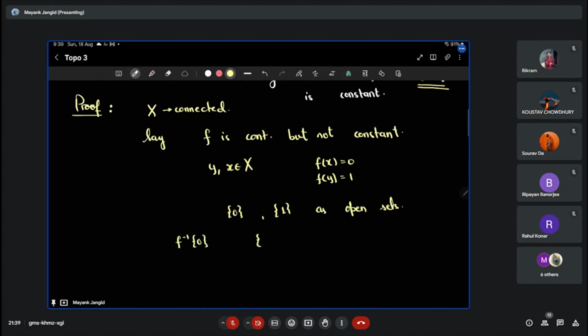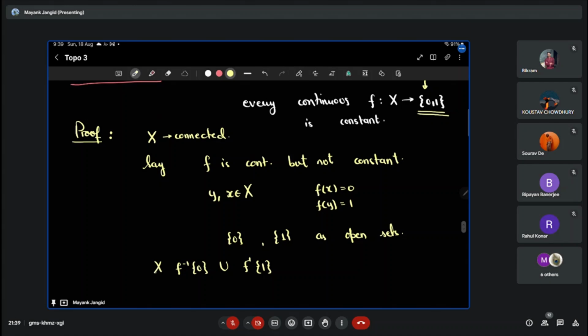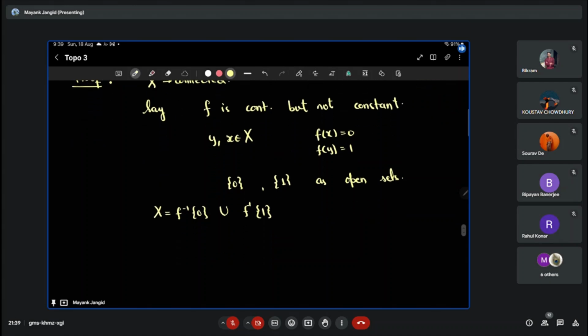F inverse of 0 and F inverse of 1 are open, and their union must be X because there is no other space to go. Both are non-empty, and by continuity they are open.